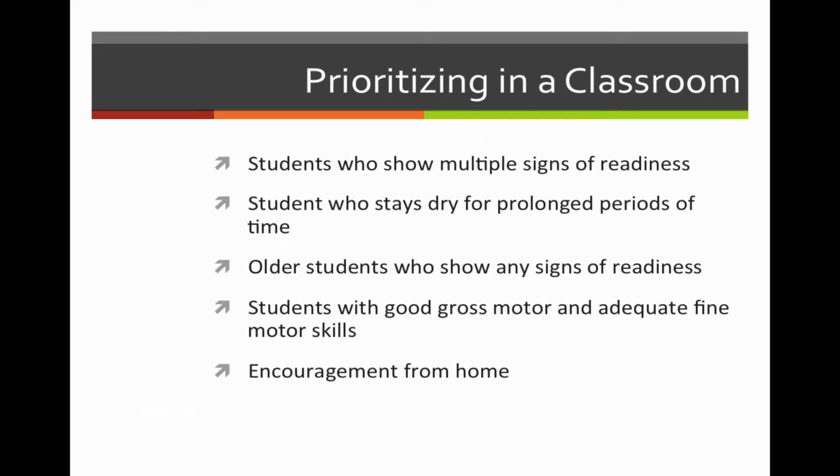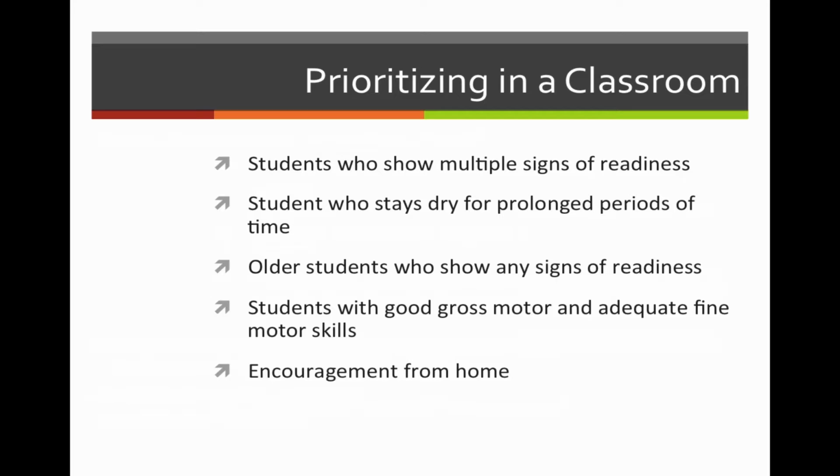Again, this idea of prioritizing in a classroom. Now, these are students that have a million things on their plate. We're behind in academics most of the time. They have other functional skills. But for students who show multiple signs of readiness, this becomes a higher priority for things that we work on in the classroom. Again, students who stay dry longer, they become prioritized.